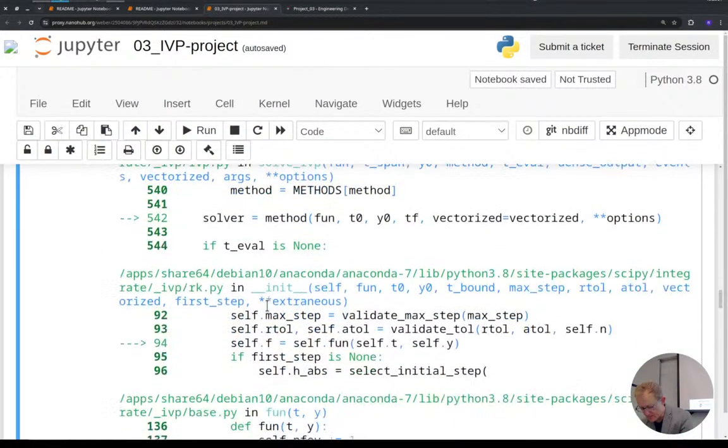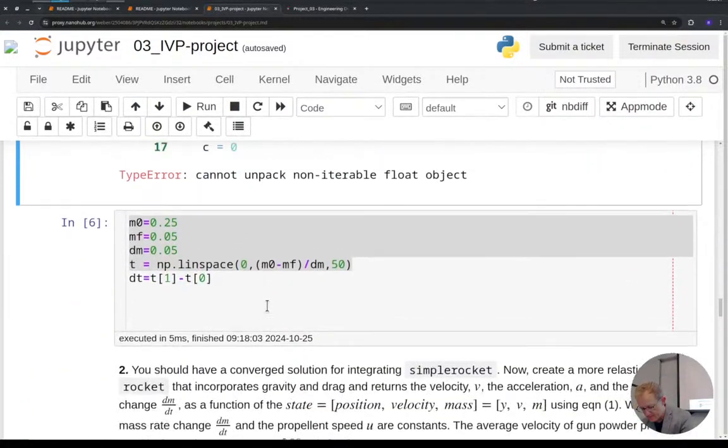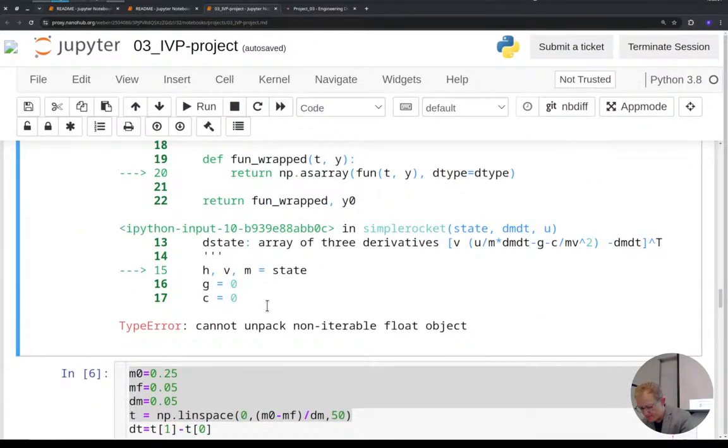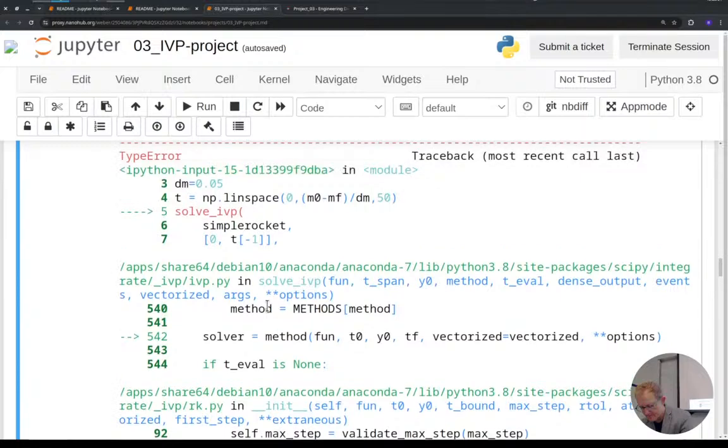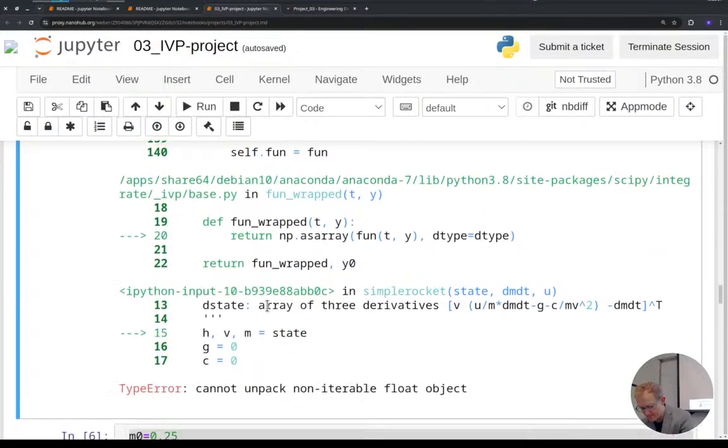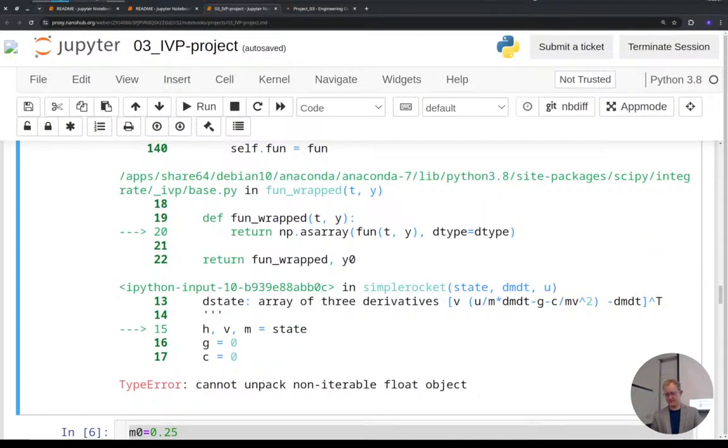But instead we get, okay, nice. It's telling me that it can't unpack a float object. What does that mean to you?